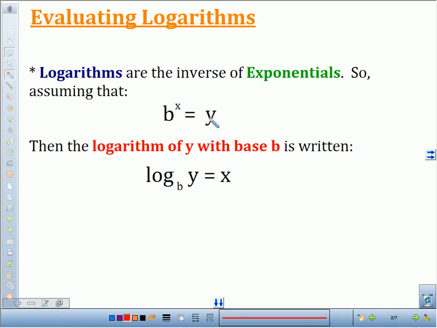So instead of equaling y, it equals x. So it's like we turn the whole thing on its head. What that does for us is it will allow us to solve an exponential equation for y, and that's going to be very useful later on.